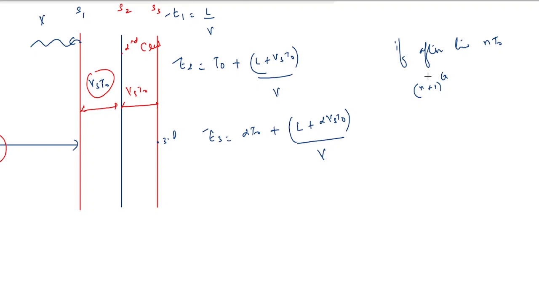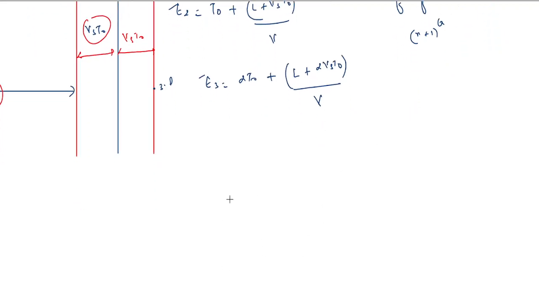Now this (n+1)th crest would reach in a time interval we call T. T_(n+1) is equal to n t naught plus L plus n Vs t naught, by V. So this is the time interval after which the (n+1)th crest reaches the observer.